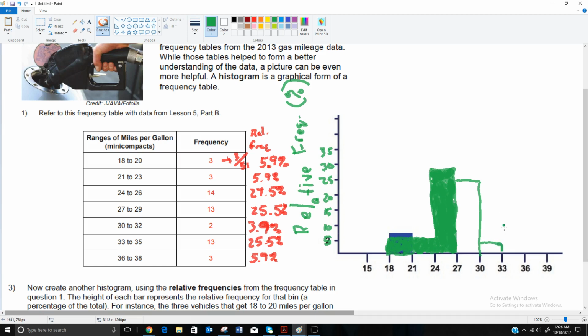And then we're at 25.5% again. And then we're at 5.9% again. So that's the same as the first two bars. It's a little bit higher than this one, but it should be the same as these. And then I'll go in and color those in.